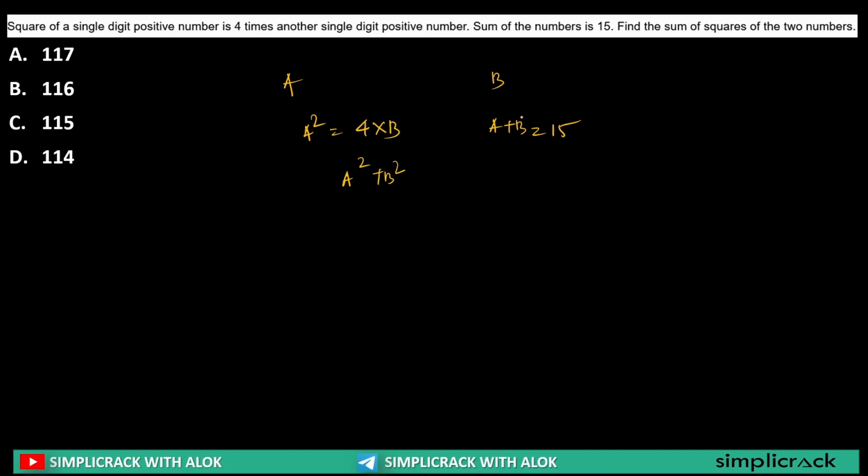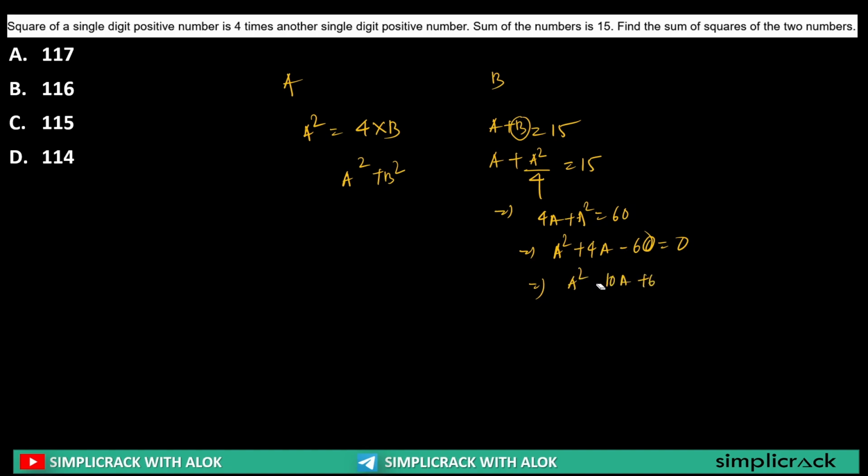But here if I put the value of B, then A plus A square by 4 is equal to 15. So 4A plus A square is equal to 60, or I can write A square plus 4A minus 60 is equal to 0, or we can write A square plus 10A minus 6A minus 60 equal to 0.